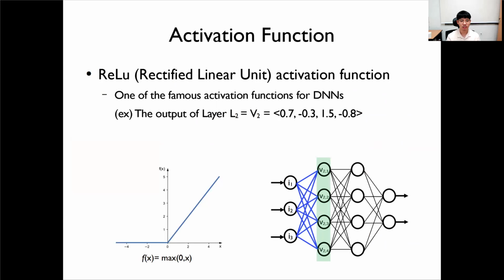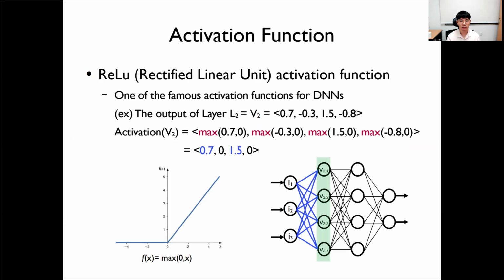And let's look at a simple but quite effective activation function, ReLU, which is rectified linear unit. This function takes the output value of each neuron and simply returns the larger of 0 and the output value. So suppose that the output of the second layer V2 is like that.